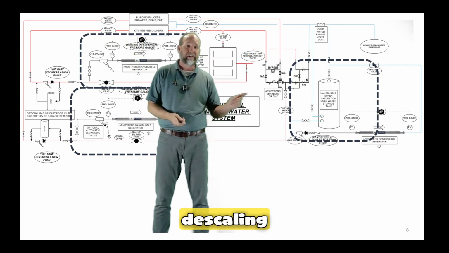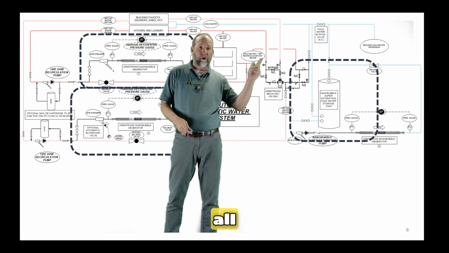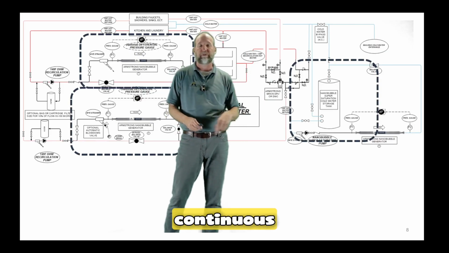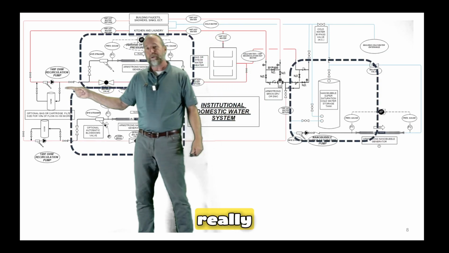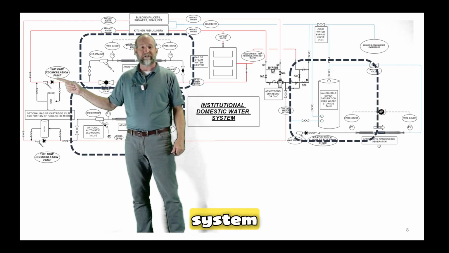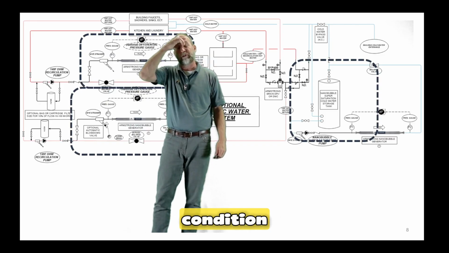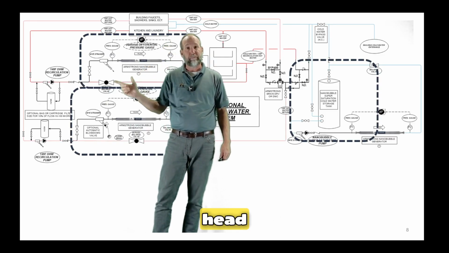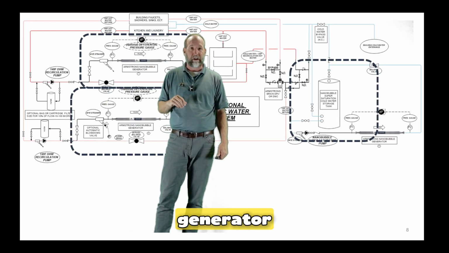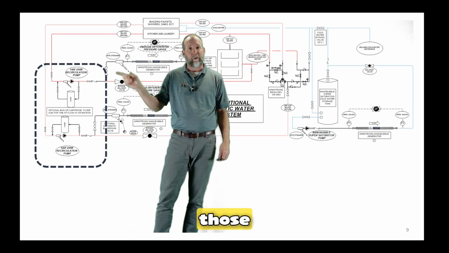We don't have any descaling. Our master mixing valve is going to hunt all over the place because it wants to see continuous recirculation. So this is really the heartbeat of the circulation system, and you need to be very careful with making sure that that pump is in serviceable condition and that it has ample head pressure to push the nanobubble generator. And we're going to get into exactly what I'm talking about when it comes to those types of things.